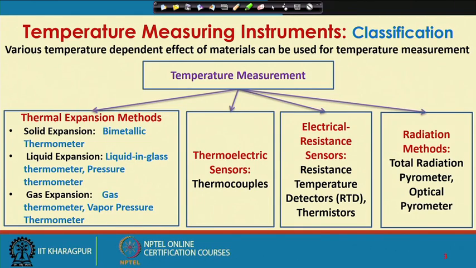Finally, we will also talk about instruments that make use of the principle of radiation. Under this, we will talk about total radiation pyrometer and optical pyrometer. The word pyro comes from fire.